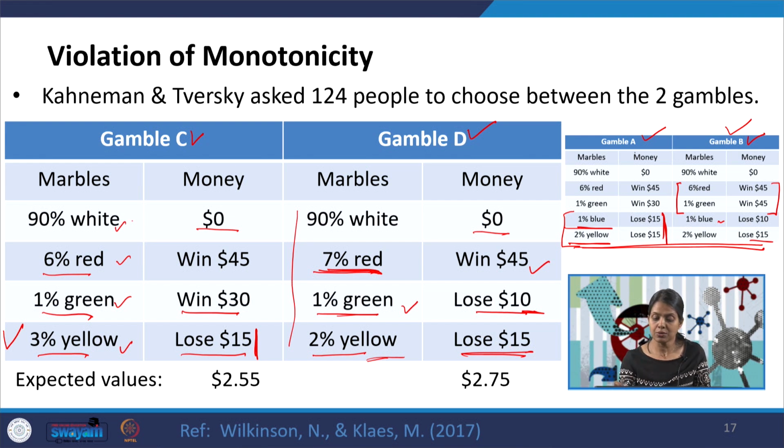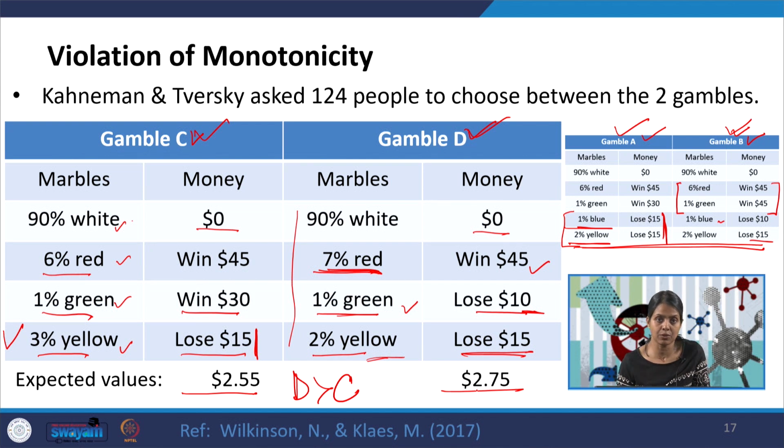So, these two pairs, A, C and B, D, are very much comparable, right. So, if B dominated A, then D should clearly dominate C. Here the expected values are 2.55 and 2.75.